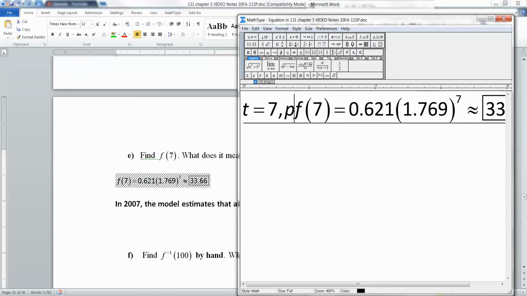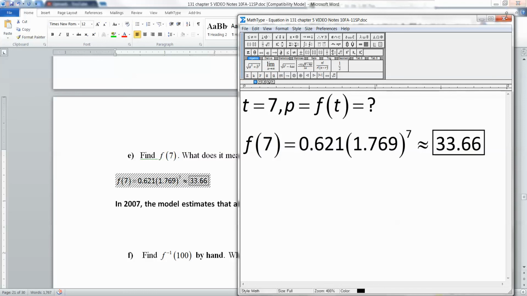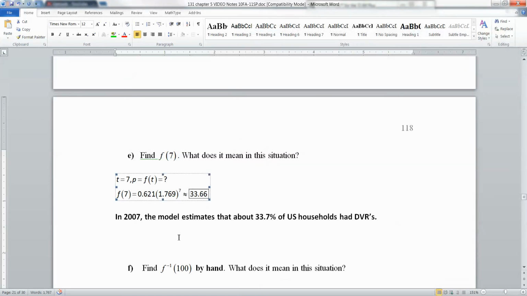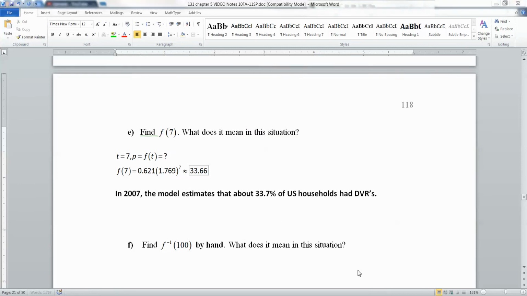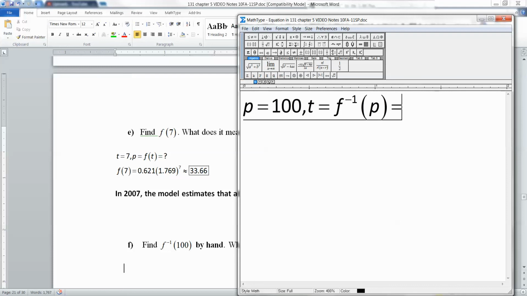They're saying p, which is equal to f of t, is equal to what? Right? That's what you're doing when you do this. So when you do the inverse function, it's the opposite. When I look at that 100, I'm not saying that t is equal to 100. Because it's the inverse function, it's p is equal to 100. And they're asking you for t, which is equal to f inverse of p, right, is equal to what?